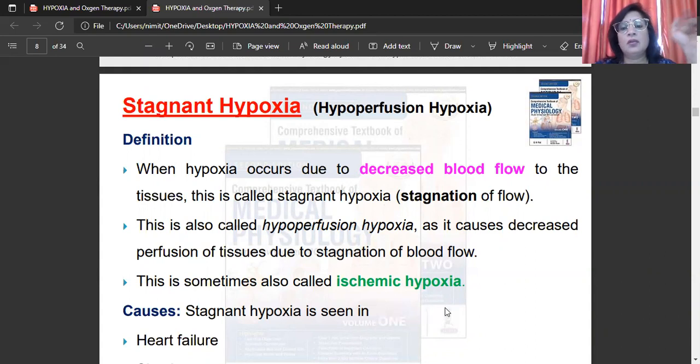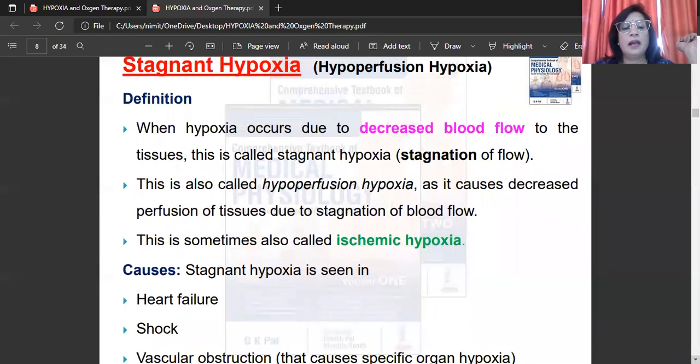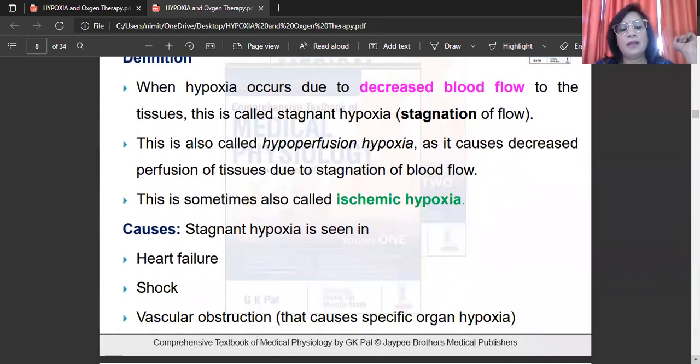Causes of stagnant hypoxia. It is seen in heart failure, shock, and vascular obstruction that causes specific organ hypoxia. Note the points.